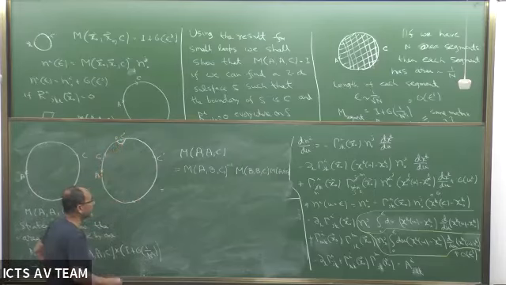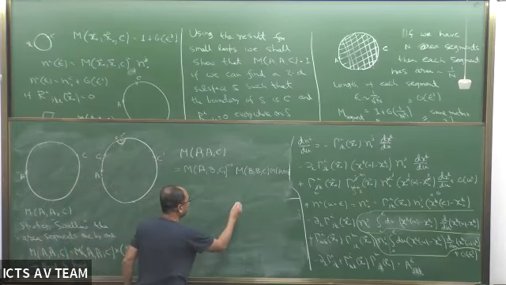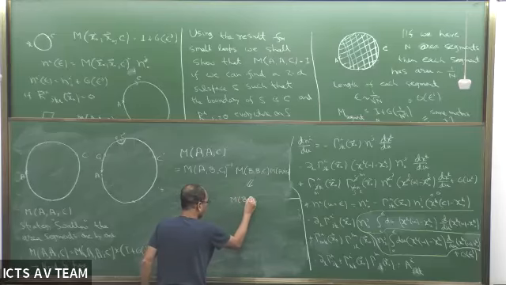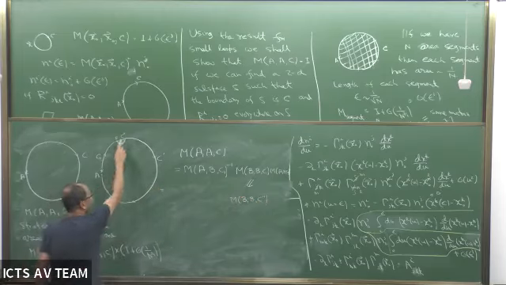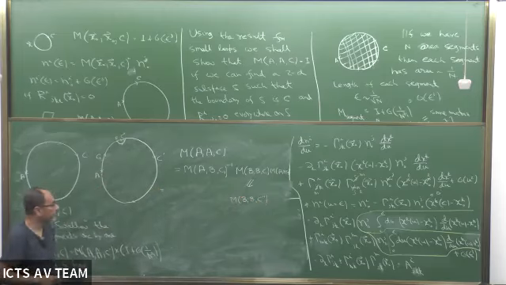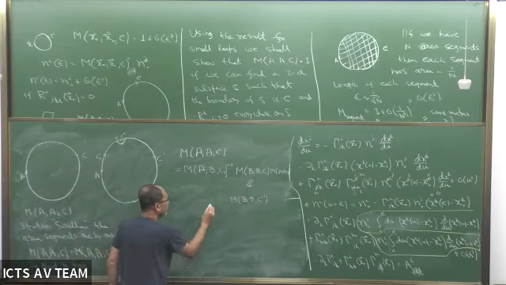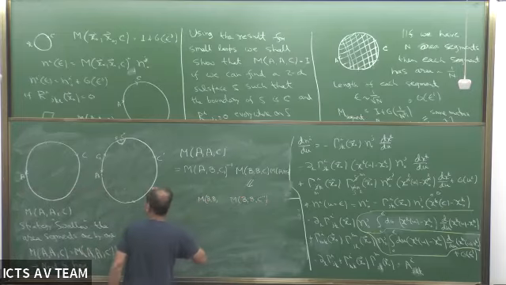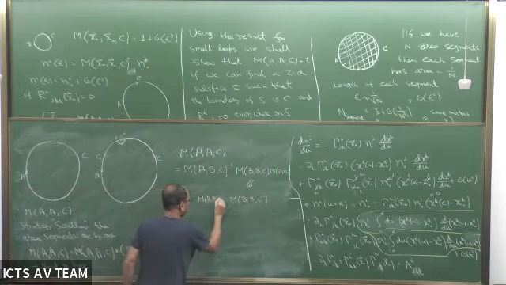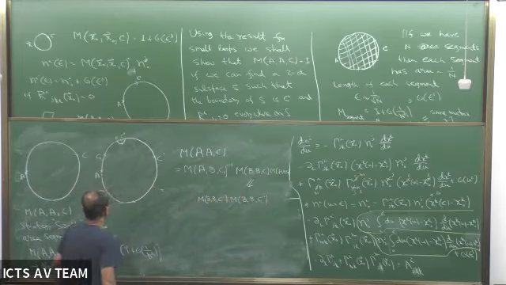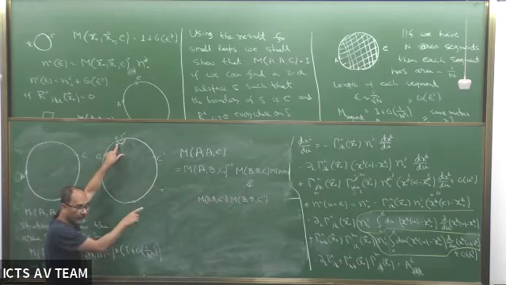Exactly. So M B B C, I can write as M B B C prime, C double prime first. C double prime is this little yellow curve. And then M B B, but this time along the curve C prime. Because you see, you go like this, that is M B B C double prime.